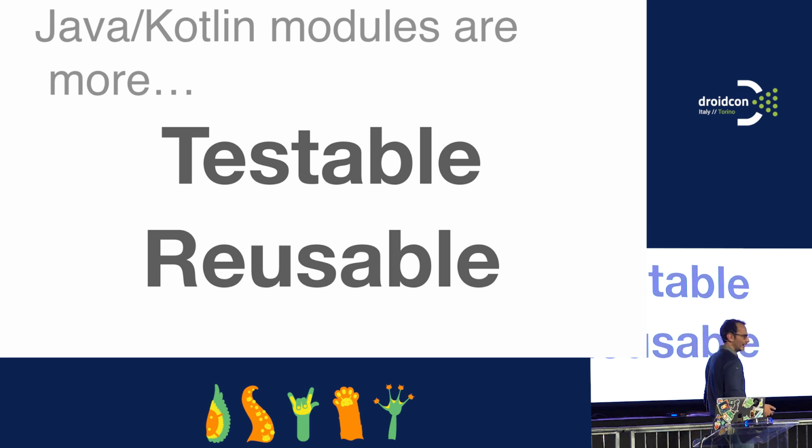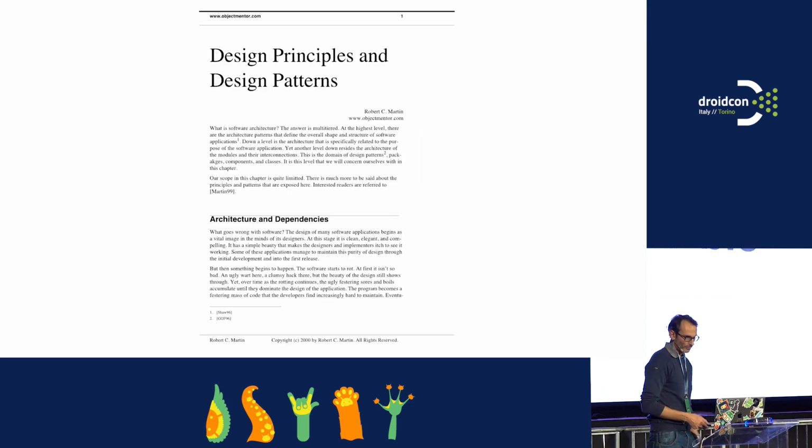And then it's more reusable because you can use it in both the Android modules or the standard Java/Kotlin modules. Okay, so let's start to talk about the SOLID principles.